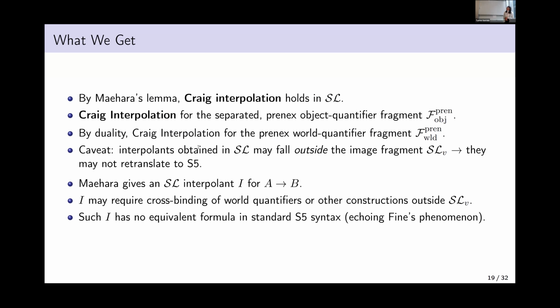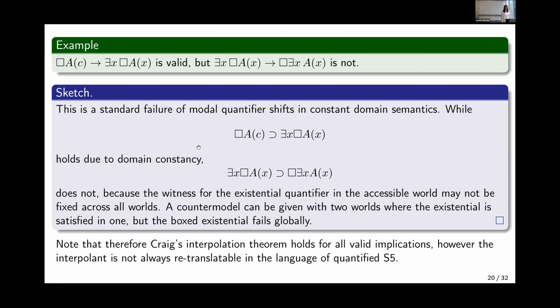So what we get from the Maehara lemma is the interpolation theorem for SL. So we get it for Kronecker's fragments for object quantifiers, and dually for the world quantifiers. But it's not nice, because everything is not as smooth as it seems: not every interpolant in SL corresponds to an interpolant in the original modal language.